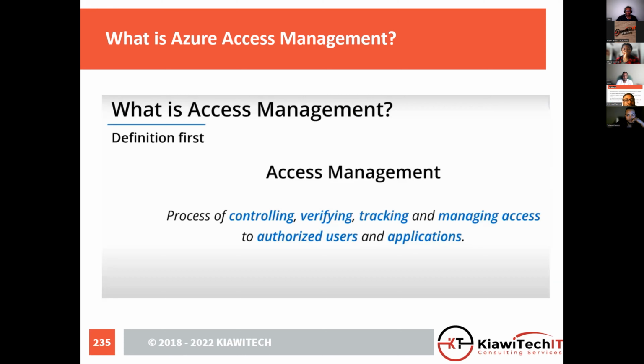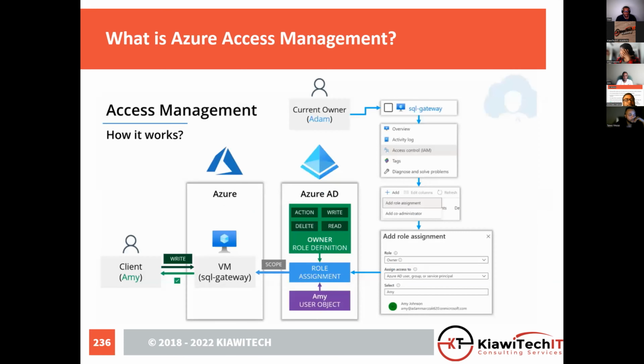So let's take a use case scenario. How does access management work? Let's say, for example, I have a user called Amy who needs some permission. And that permission may be owner, or read, write, delete, read permission on a certain resource. Let's say that resource is SQL Server Gateway, for example.